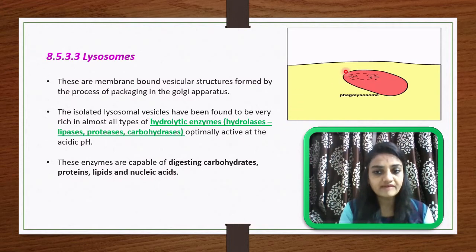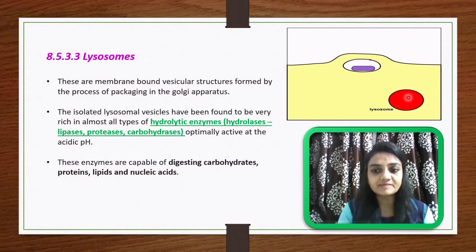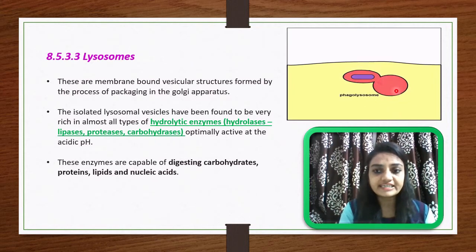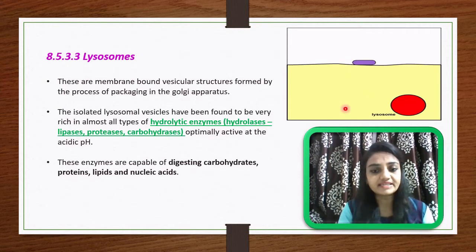So the bacteria which enter will also be made up of carbohydrates, protein, lipid and nucleic acid. When it enters, the enzymes present in the lysosome will degrade the organism. In this way, the organism will be killed by the hydrolytic activity of the lysosome.